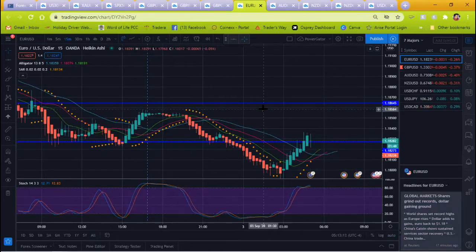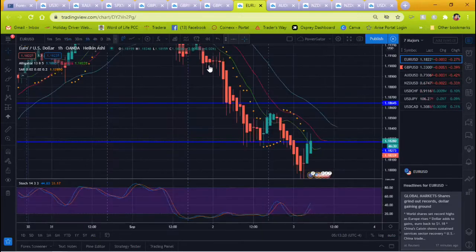All right, we see that the EUR USD is in a buy, a nice strong buy here. The green has crossed the red and the blue, so we see that alligator mouth is starting to open up. Let's see, the 1 hour is in a sale, but it's pulling back, turning into a buy.